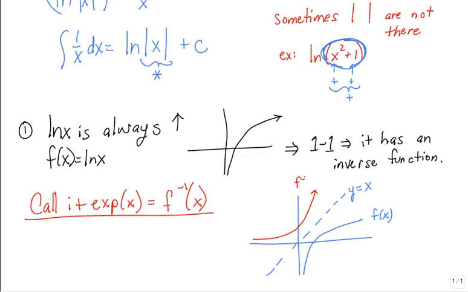So this is f inverse. Let me make that a little clearer. Which is exp x, that's what we're going to call it because it has to have a name, or we're going to give it a name. Also, this point is 1, 0, so the point on the inverse is 0, 1.